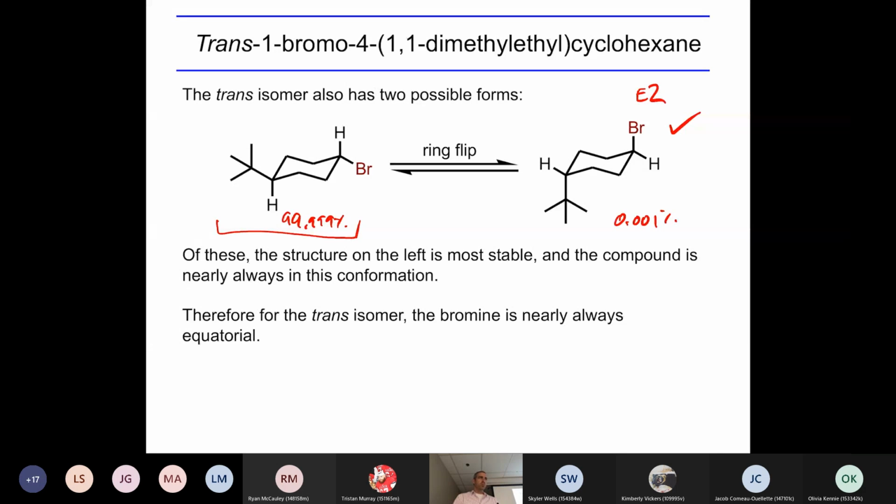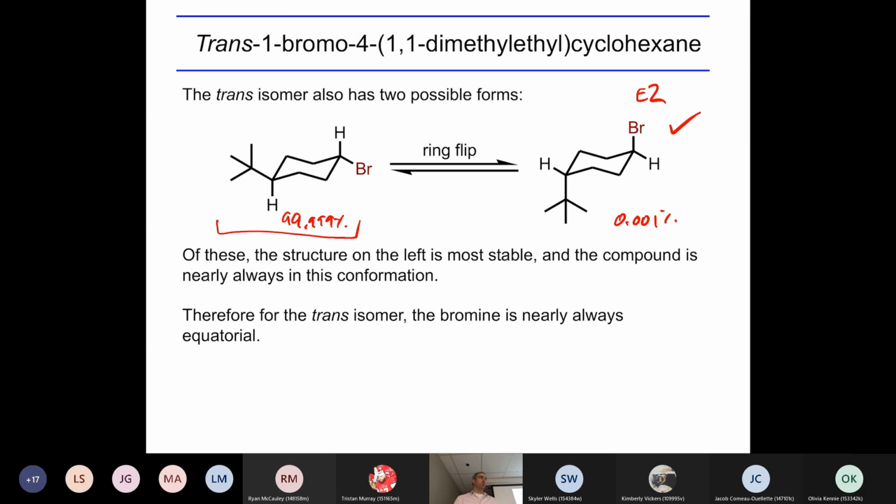But if it gets in that form, if the base is in the right place, if everything happens just right, it can do E2. So eventually, this molecule is flipping back and forth to some extent. Over time, enough molecules will end up in the right conformation with a base there that it can do E2.